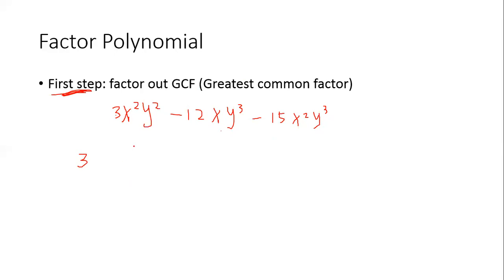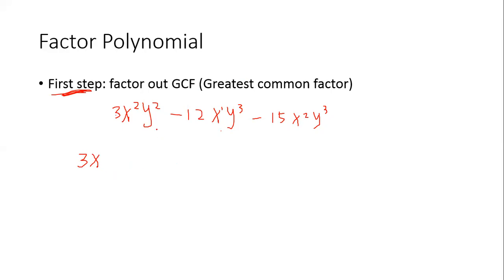Now, how about the letters? The greatest common factor for the variables is the one with the smallest exponent. x is to the power 2, power 1, and power 2. So x to the power 1 is the smallest, and is the greatest common factor for x.